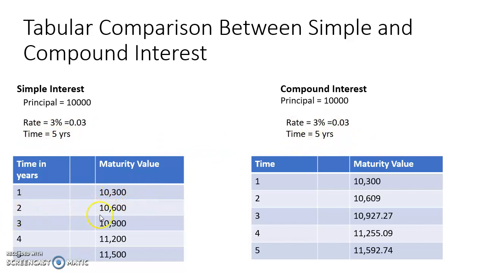So you will notice a small difference between the maturity value of the simple interest and the maturity value of the compound interest. So makikita ninyo, medyo mas malaki ng kaunti yung maturity value ng compound interest.